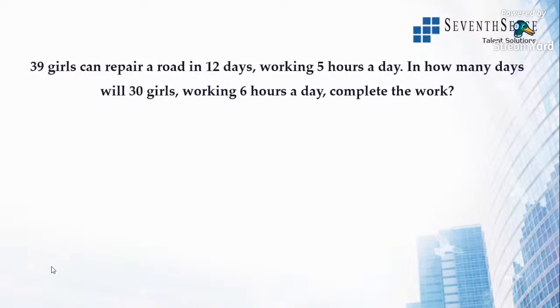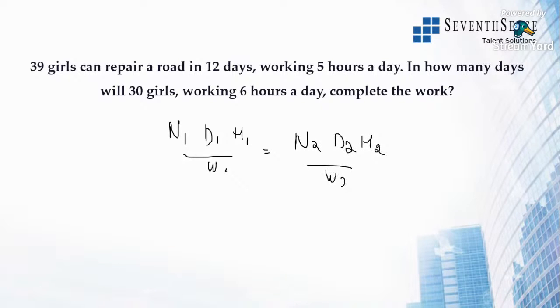For this, we have one formula. If you know, you can solve this and tell me. It is N1 D1 H1 divided by W1, that is equal to N2 D2 H2 divided by W2. Here, they are telling repairing a road, and they have not given an exact quantity, like how much part of the work is done.